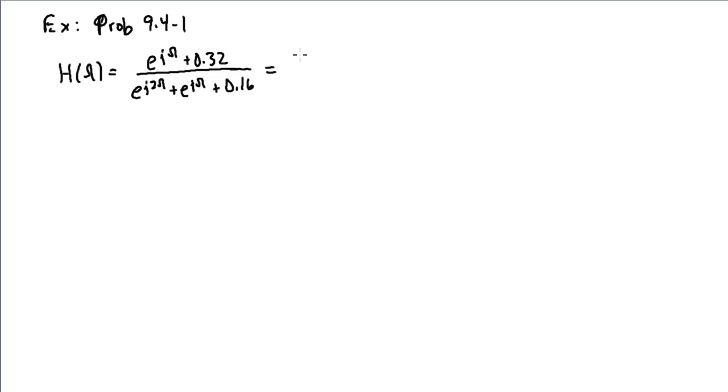We'll factor that denominator as e to the j omega plus 0.2 times e to the j omega plus 0.8.